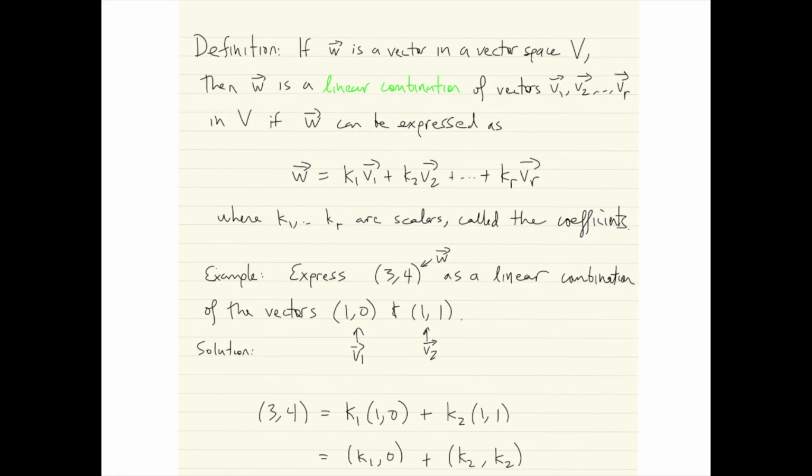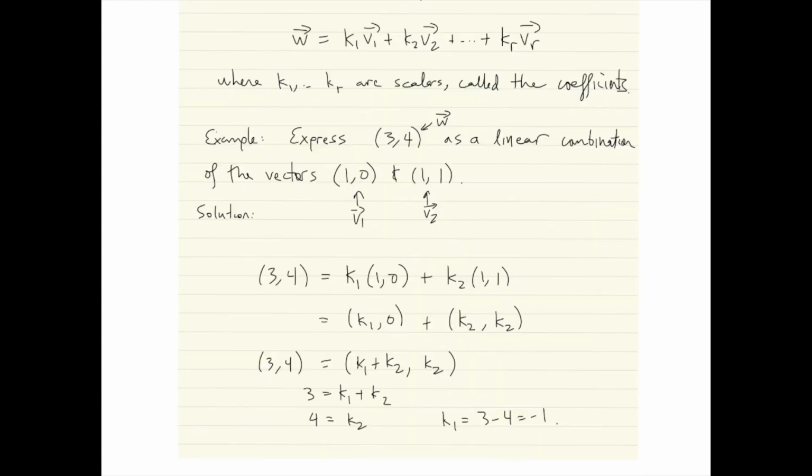In other words, we have to find some coefficients or scalars k1 and k2 so that (3, 4) equals k1 times (1, 0) plus k2 times (1, 1). Now k1 times (1, 0) is scalar multiplication, so we multiply each component by k1. That turns into k1 and 0, and k2 times (1, 1) is k2 and k2.